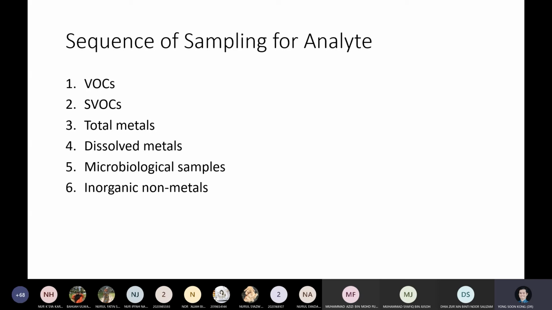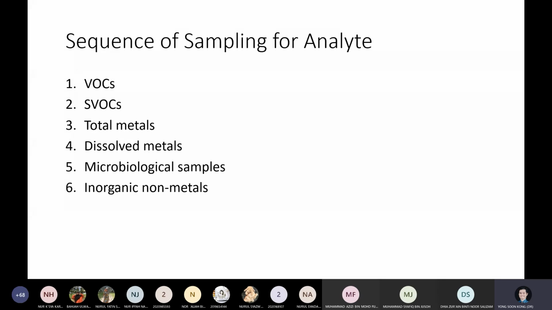Because in this case, some of these analyses possibly have fewer conditions to meet. No matter what you do, the result will remain the same. So usually these are the contaminants that are relatively stable. If the contaminant is relatively stable and less mobile, usually you can sample it last.